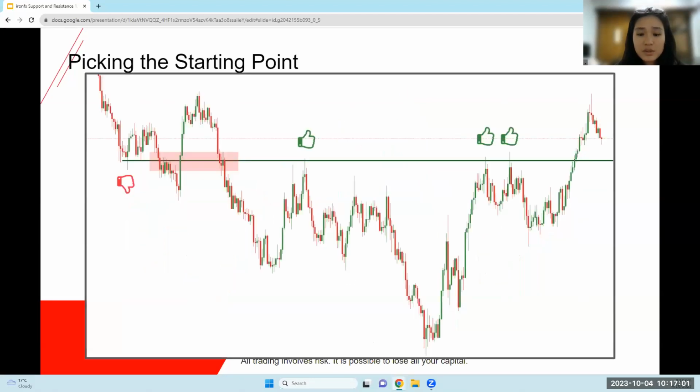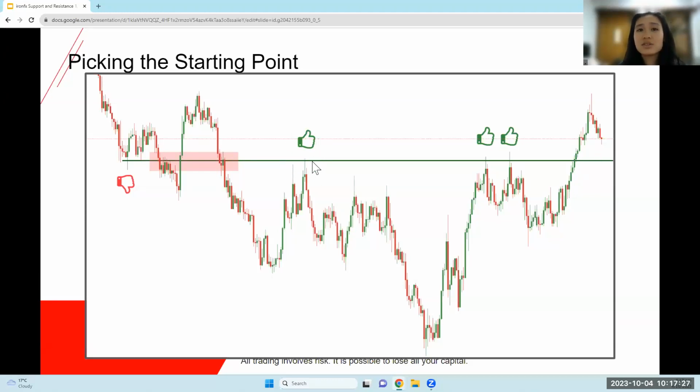Okay, another example here. Similarly, this red highlighted area is not preferred because you're cutting too many bodies of candlesticks. The green thumbs, again, are just cutting the wicks of the candlesticks. So something like this would have multiple swing highs. We can just stop the support, or in this case, resistance.